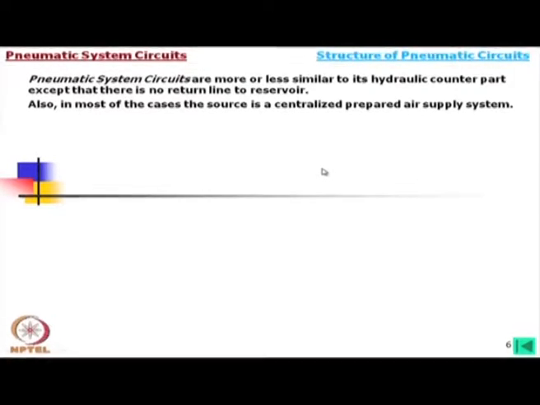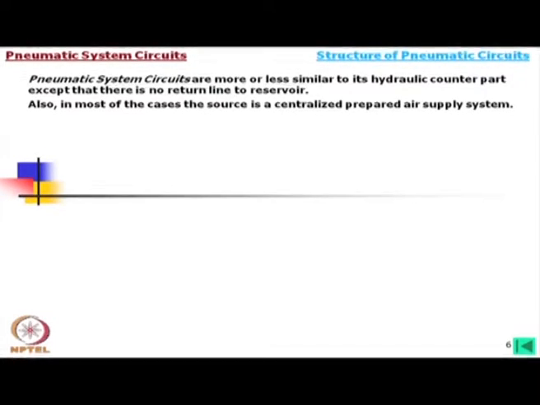Also, in most of the cases, the source is a centralized preferred air supply system. There are some machines, of course, which have a special compressor attached to them, even if in a plant you will find they are using centralized pressure lines. There, some special air preparation is required.